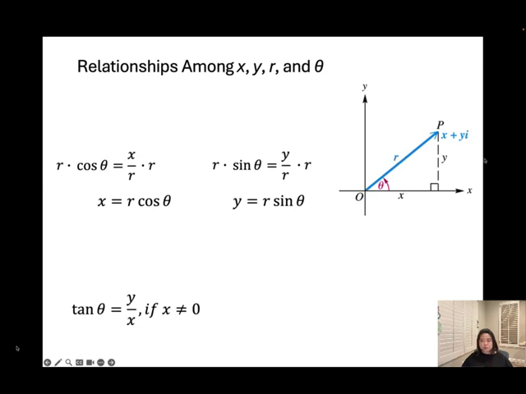You can use the Pythagorean theorem: r is equal to the square root of x squared plus y squared. Highlight these four formulas: x equal to r cosine theta, y equal to r sine theta, tangent theta equal to y over x, and r equal to the square root of x squared plus y squared.